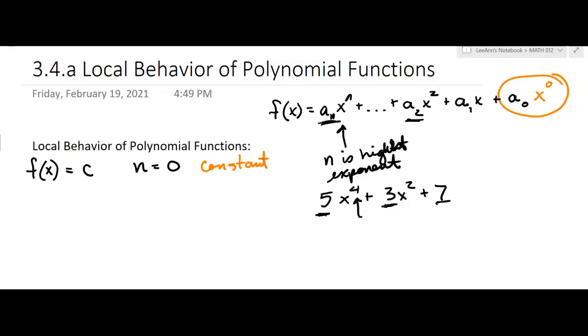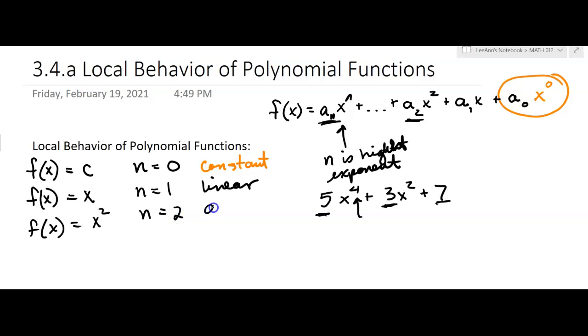F of x equaling x. That's when n equals 1, and that's a linear function. And we've talked about linear functions. F of x equaling x squared, well, that's n is 2. That's a quadratic function, and we talked about those in this chapter already.